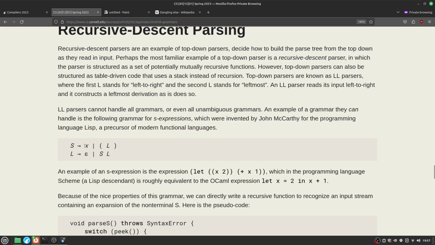S is equivalent to X or L in parentheses. L is equivalent to the empty string or S concatenated with L, I'm guessing. So they can handle this grammar for S expressions.